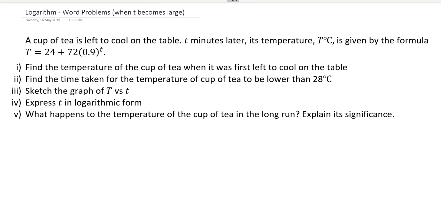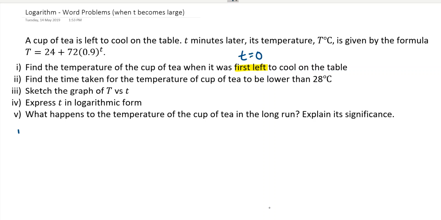Okay, so this question is about a cup of tea left on the table to cool. The temperature formula is given by 24 plus 72, 0.9 to the power of t. So temperature is a function of time. Now part 1 is easy, when it is first left. Usually for this kind of question at the start, regardless of what kind of formula they give, always find out what is the value when t is equals to 0.